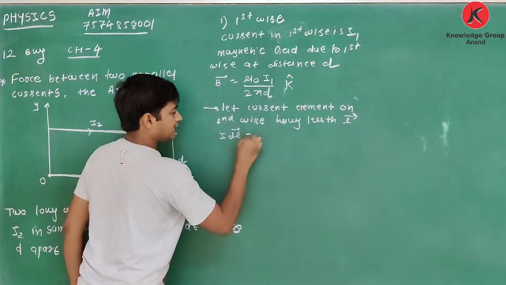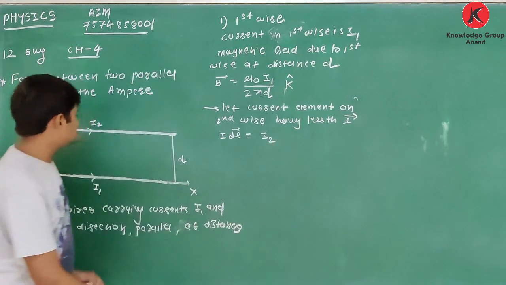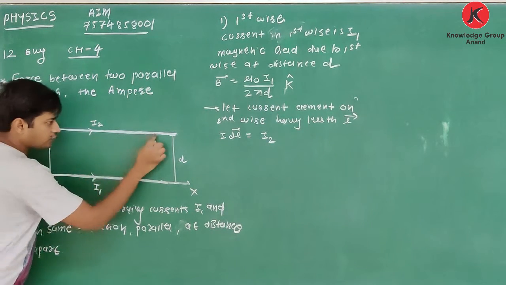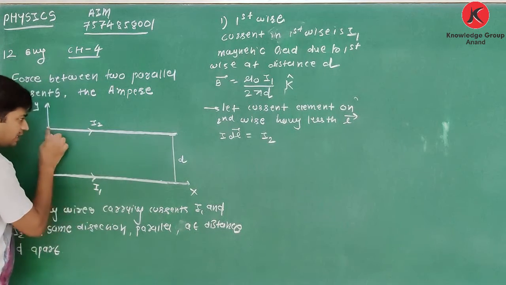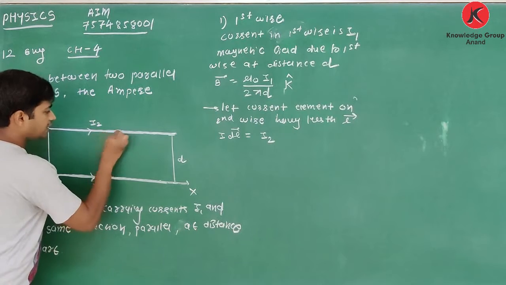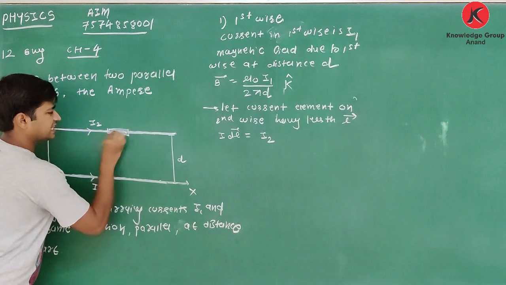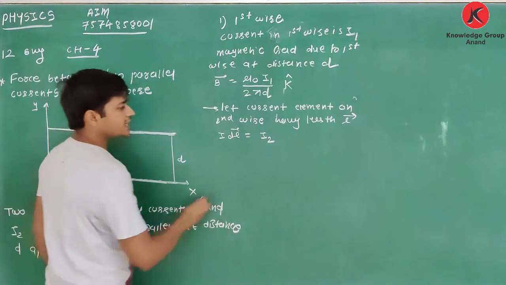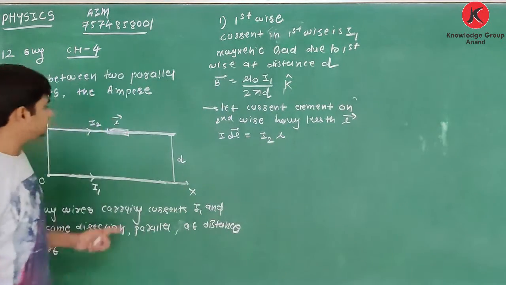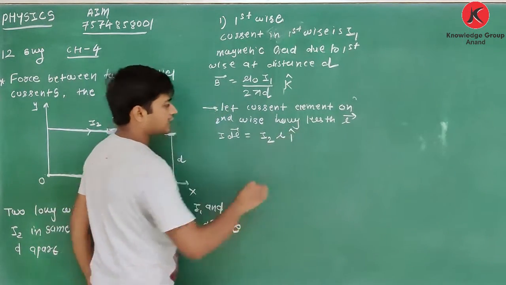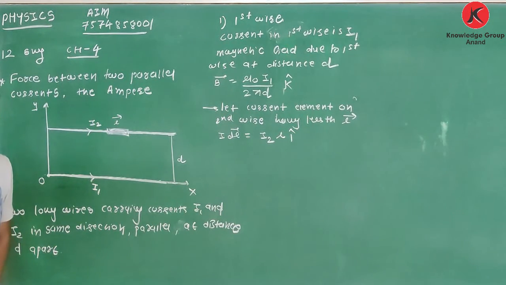I dl means the current flowing in this wire is I2, and I am taking one element of this wire having length L. The current is flowing in this direction, so I can write i caret.